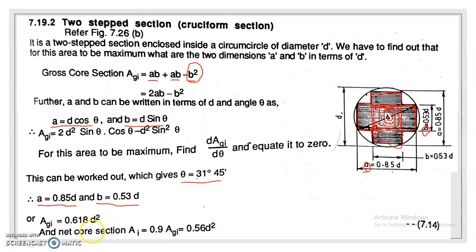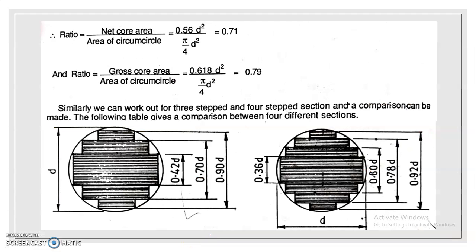These are the calculated values. By calculating AI, we will get AI is equal to 0.9 into AGI. Here again Ks is selected as 0.9. By substituting the value of AGI, we will get finally 0.56 d square. Like that we can calculate both the ratios as we calculated earlier.